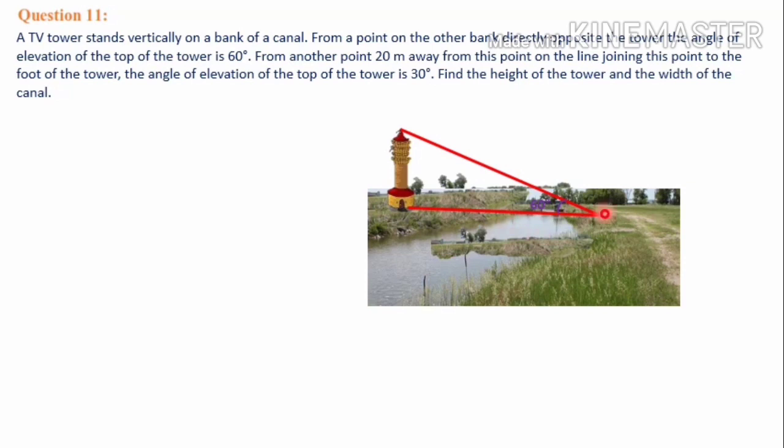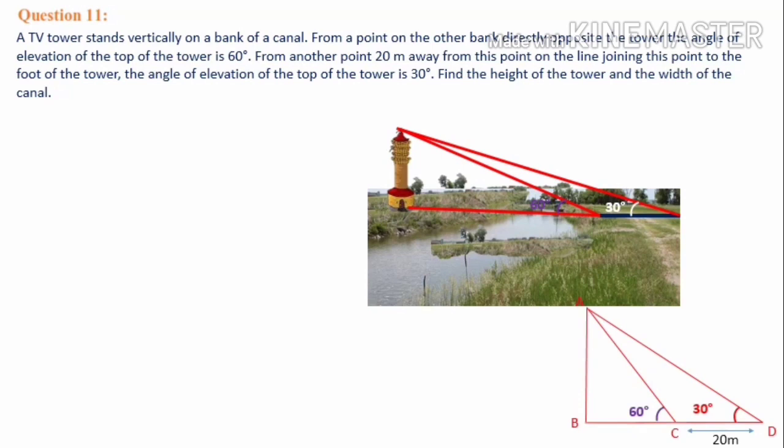So he has to move backward, and he moved 20 meter, this distance, blue distance, and at this point the angle of elevation is changing from 60 to 30 degree. Means at this point he is looking at the top of the tower at an angle of 30 degree. We have to find out height of this tower and width of this canal. So let's make it in triangular form.